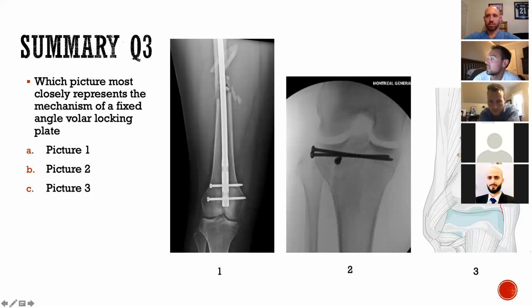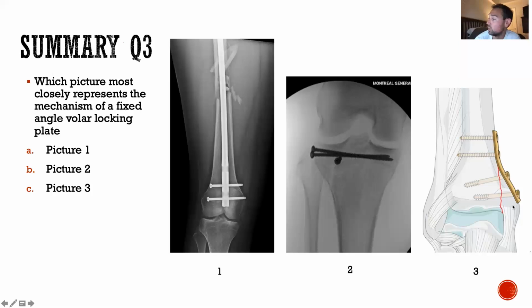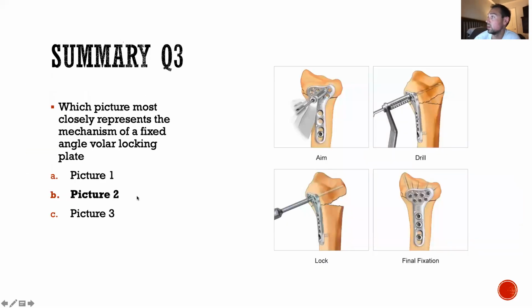And then the last is actually a buttress plate flipped upside down or an anti-glide plate. And what that's doing is resisting the displacement of this medial malleolus fragment. So if you look here, you can see that even if you removed this piece of dorsal cortex, the plate would hold the fracture at the fixed angle that you're putting it in at. So that is the answer.